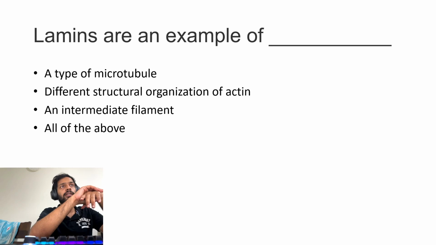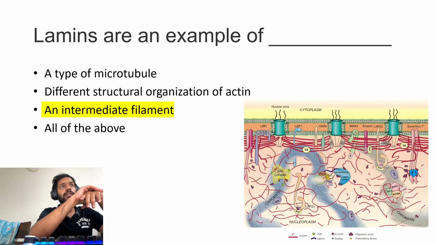Option C, intermediate filament, yeah. So if you look at this schematic representation of the cell cytoskeleton, all these red fiber-like structures that you see are essentially lamins. So they form these intermediate filaments through which the cytoskeleton of the cell progresses and grows.